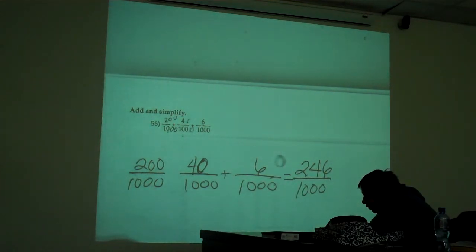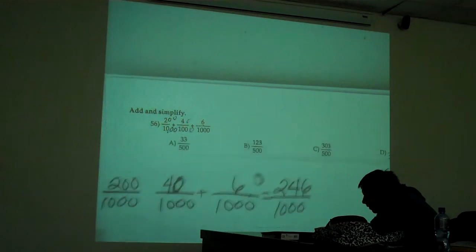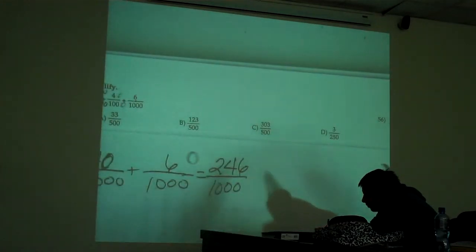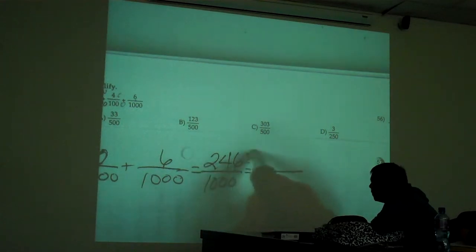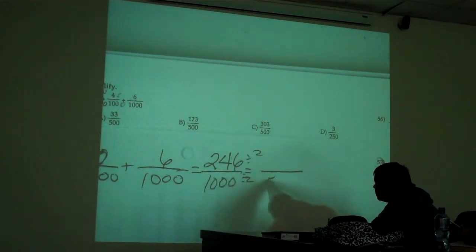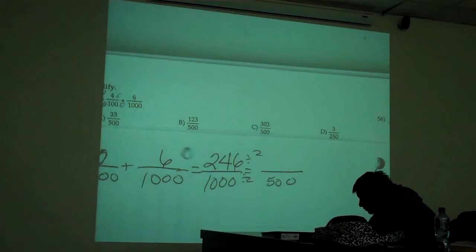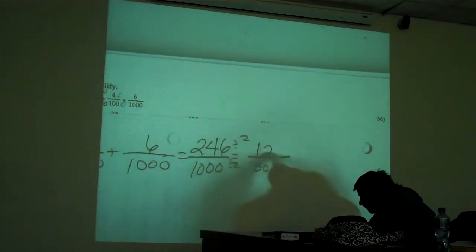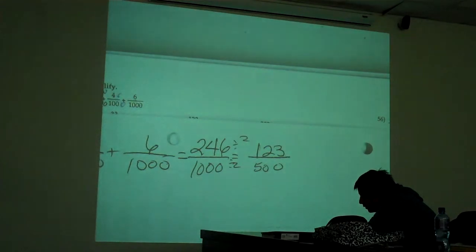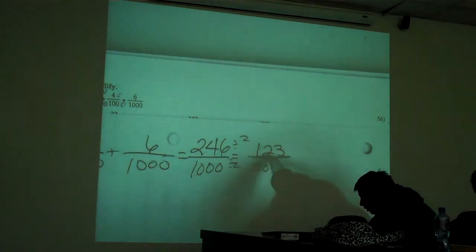They're both even. So if we divide by 2, we have 500 on bottom, and on top we have 123. 3, 4, 5, 6.